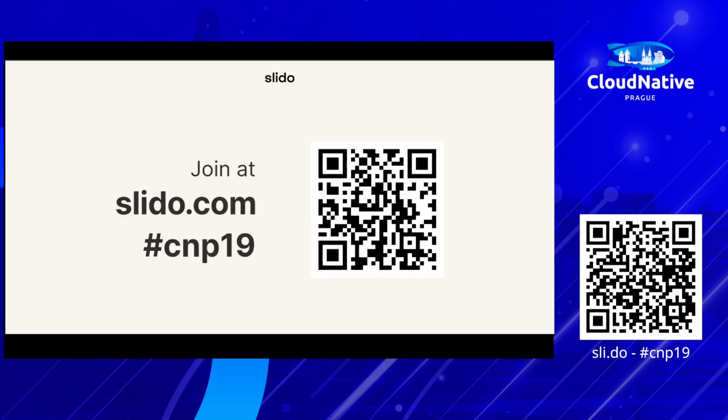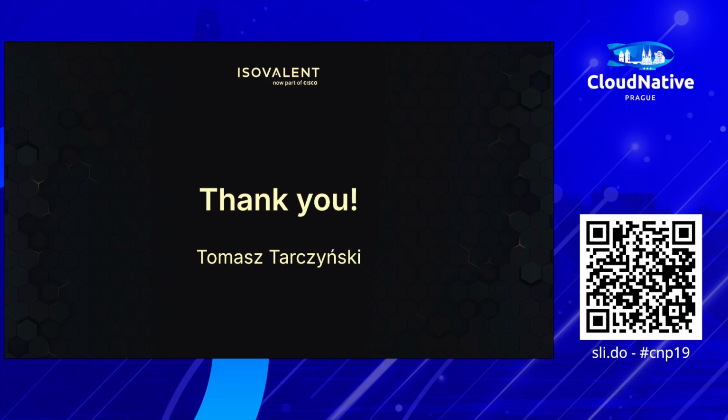So I have last question. Yep. So you said that Hubble can help us with the observability. So how can it help me with the tracing? Tracing, yeah. We do have a capability to expose open telemetry traces, although from what I can see among the users, this one is not something really commonly used.